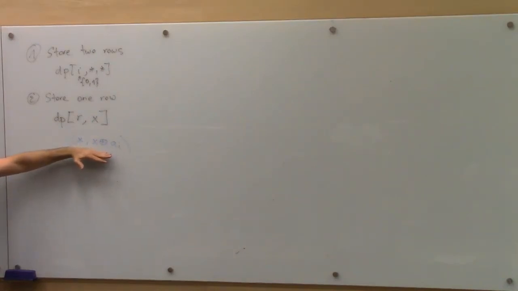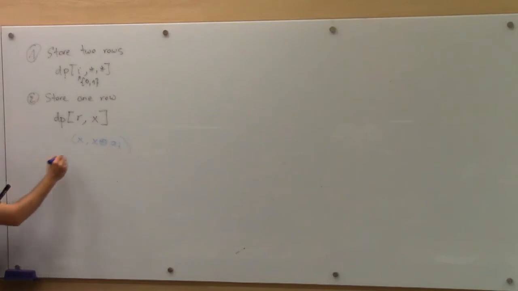So basically, we take this pair, and what we need to calculate is dp of value r. Let's say that we copy this.